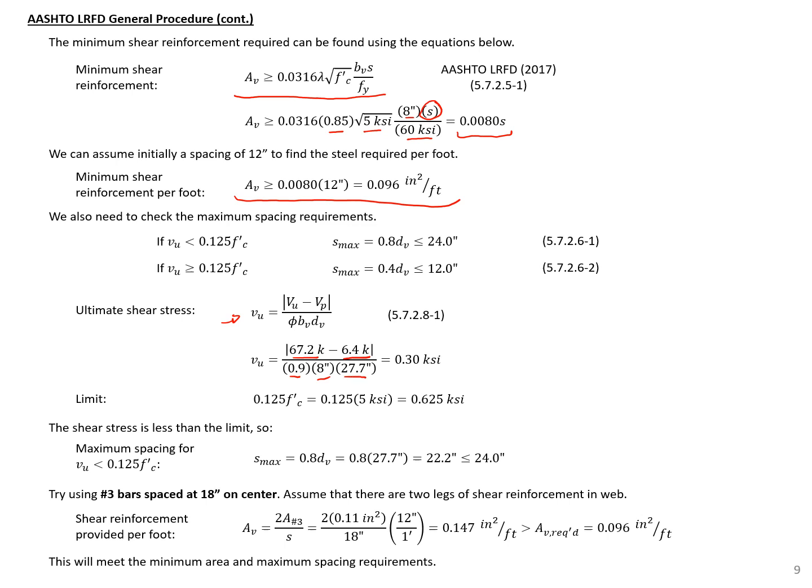So here we can see that our ultimate shear stress at this location is 0.3 KSI. We can compare this to our limit, which is 0.62 KSI, and see that we're going to be in this first category here.